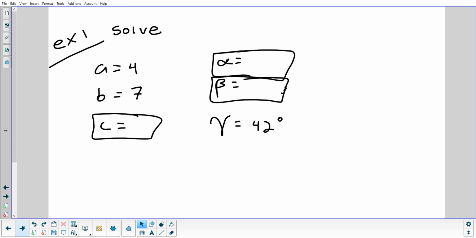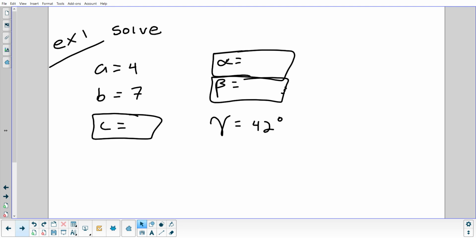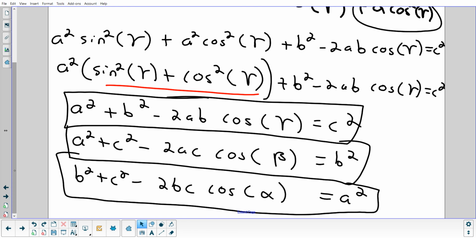When you have side angle side, you are forced to solve for the missing side first. Because if you go back and look at it, no matter how you write the law of cosines, it involves every single side of the triangle every single time. It always involves A, B, and C. You're already missing C, which means that's something you're going to be missing in every version of the law of cosines.